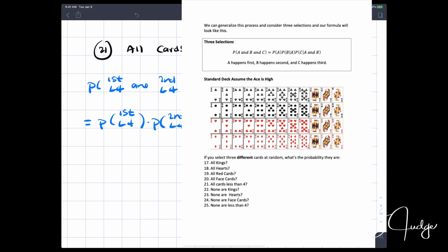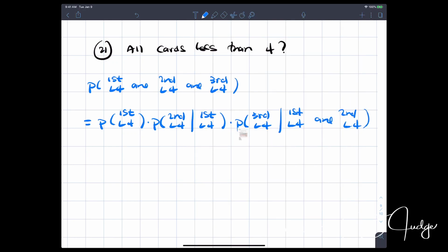Oops, let's do the condition. Given that the first is less than 4, times the probability the third is less than 4, given that the first is less than 4 and the second is less than 4. Okay, and I know you can't see, but now you can.